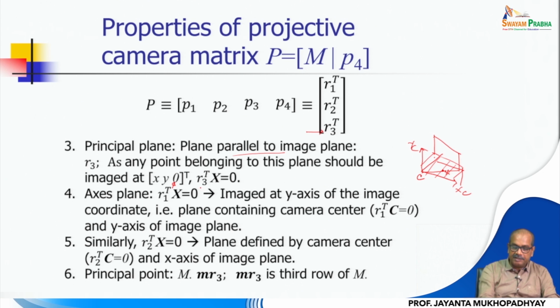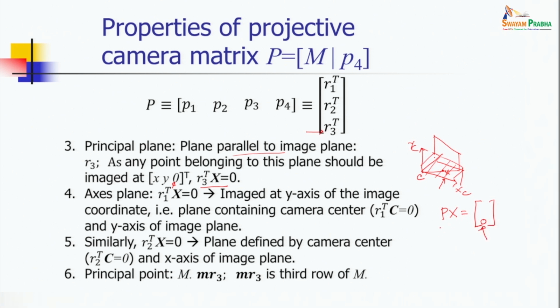So which gives me this constraint. If I apply the projection matrix to this point, at least I know that I will get the scale value as 0, which means if I reduce it into this form: R1 transpose X, R2 transpose X, R3 transpose X, equal to some values, and then this is 0, which means this forms a constraint.